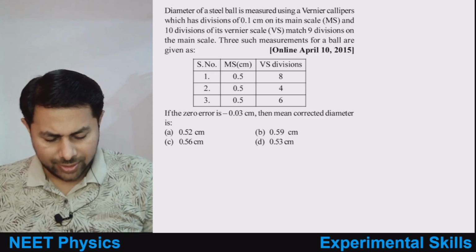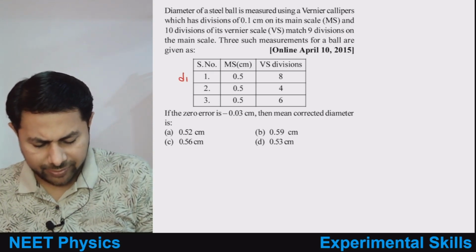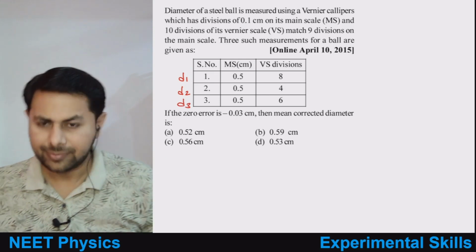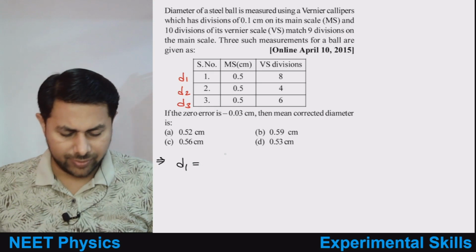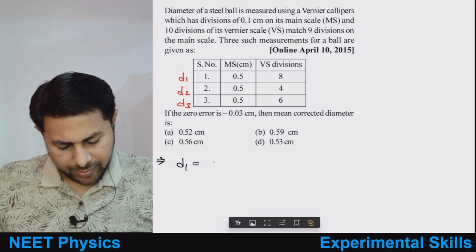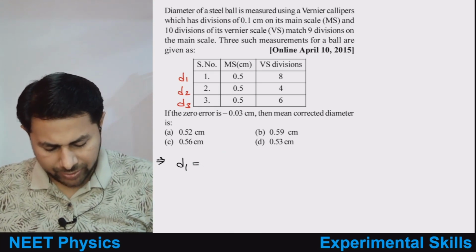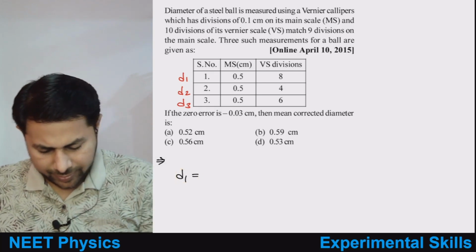Suppose the first reading is D1, this is D2, this is D3. What would be D1?